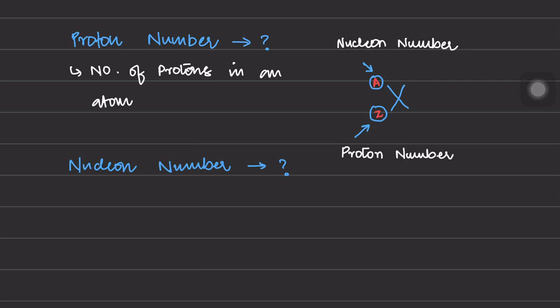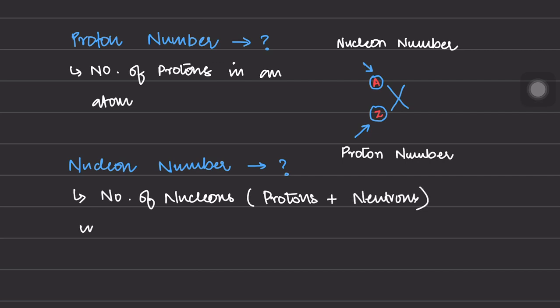Like I mentioned earlier, what do we have inside the nucleus? We have protons and neutrons inside the nucleus. Hence we say that the number of nucleons is the number of protons plus neutrons in an atom.